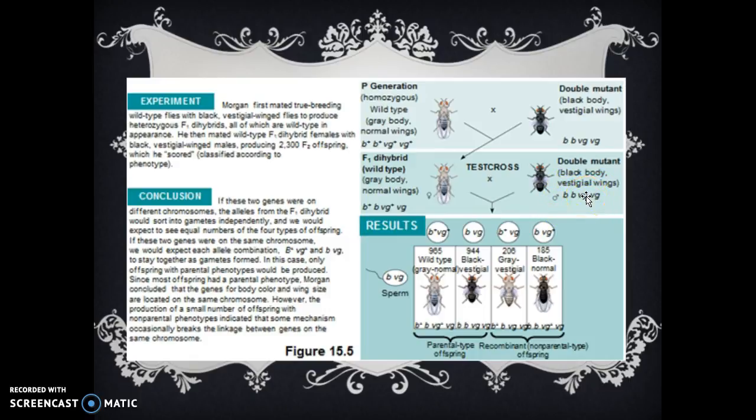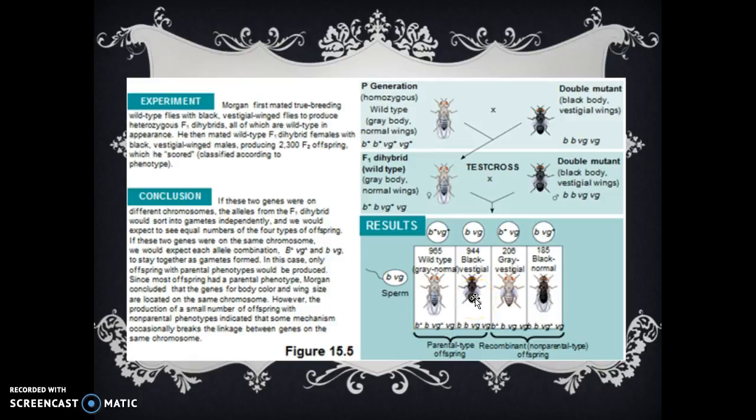So what did Morgan actually get from his results? Well, he was expecting 50% to be the gray wild type heterozygous genotype, and he was expecting the other 50% to be the homozygous doubly mutant, or the parental genotypes is what he was expecting.